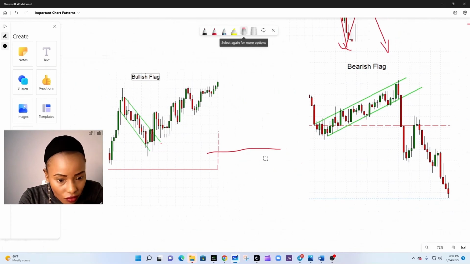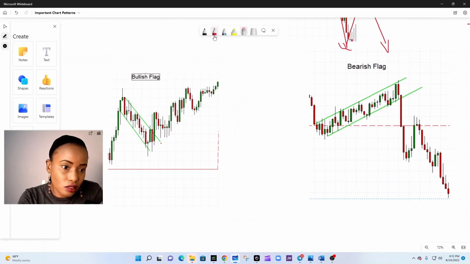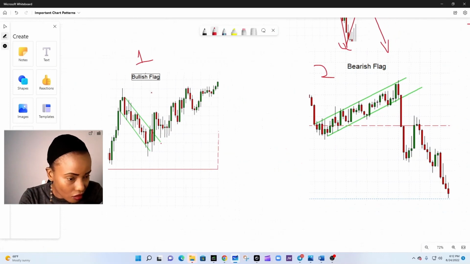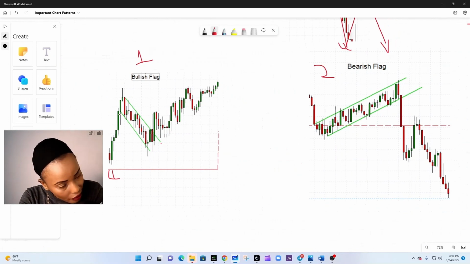So here I have examples of both bullish and bearish flags. With this bullish flag here, this is the first flag, then this is now the second flag. With this bullish flag chart pattern, you can clearly see market was coming from the low. It was an uptrend market structure. We were buying.